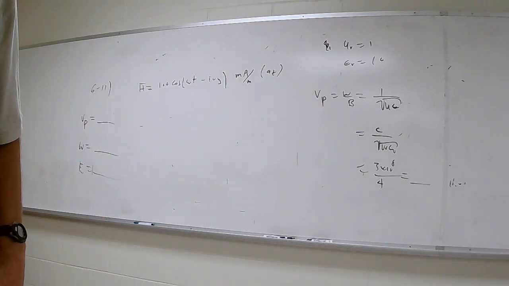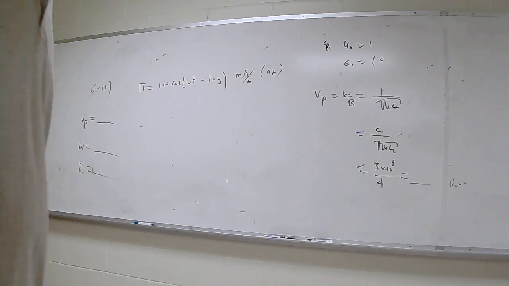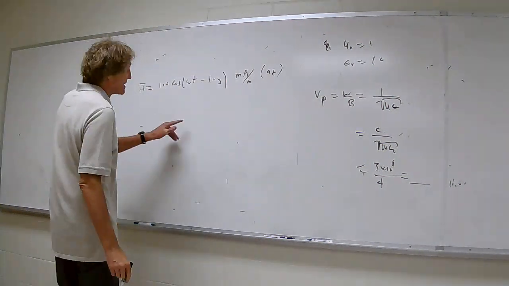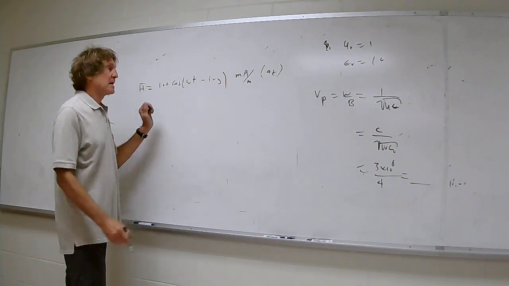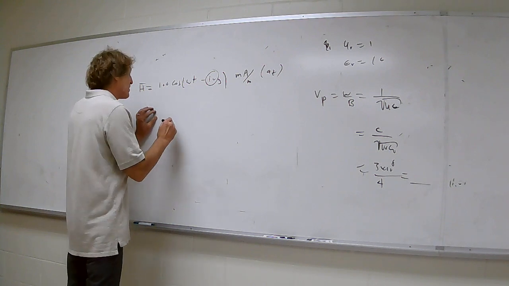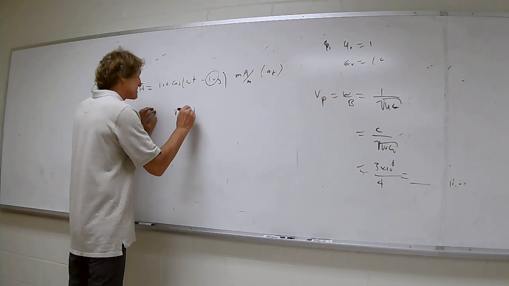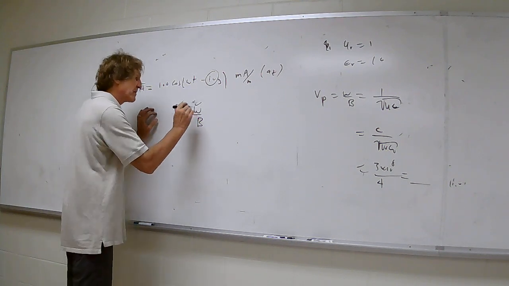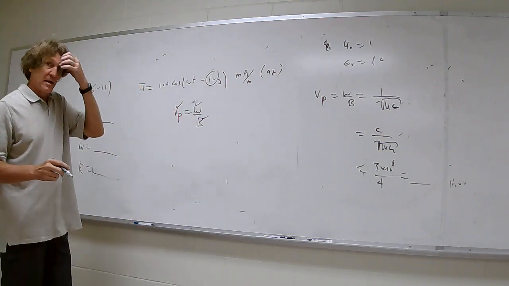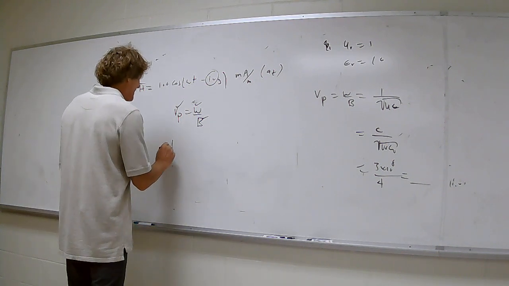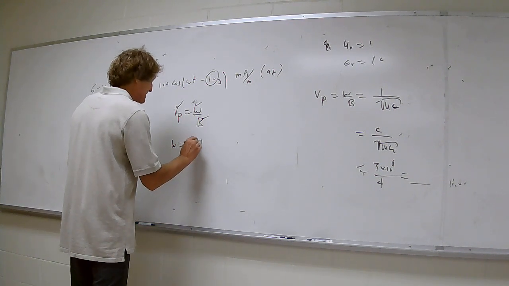Chase, with me? Next, how do we get omega? Hint: always look at the coefficients. We know phase velocity is omega over beta. We have phase velocity, we're looking for omega, and we have beta, don't we? So omega is equal to phase velocity times beta.